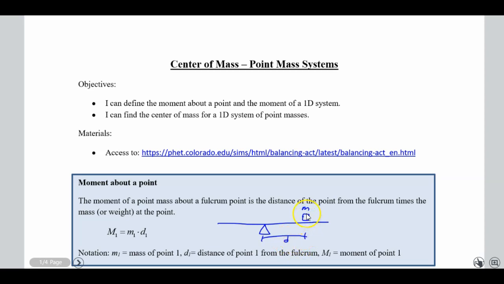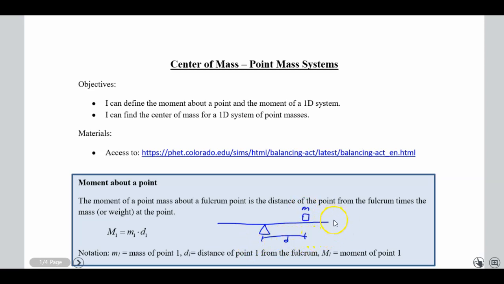What we do to get the moment is we just multiply those two numbers. So how much stuff, the mass, times how far away we are from the center, that fulcrum point, that is the distance. And when we multiply those, we get the moment.